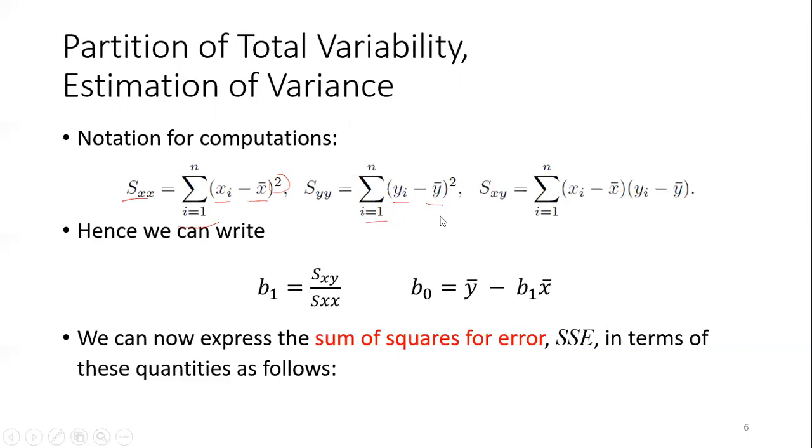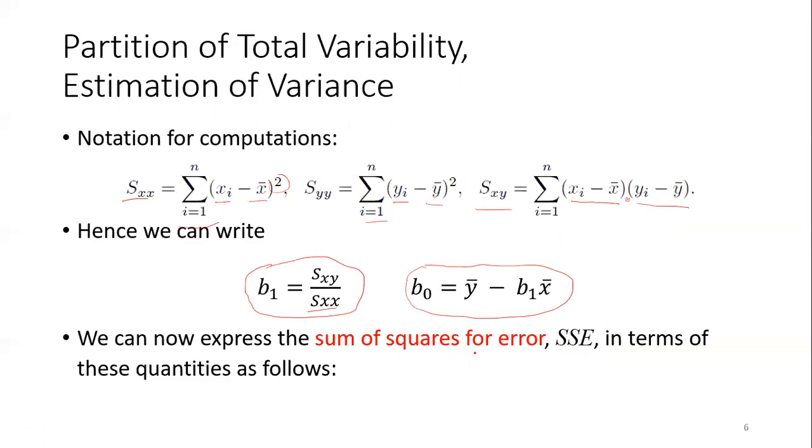And Sxy is the sum of (xi minus x bar) times (yi minus y bar). Using this notation, it's easy to show that b1 is equal to Sxy divided by Sxx. And remember, b0 was simple: it's equal to y bar minus b1 times x bar.